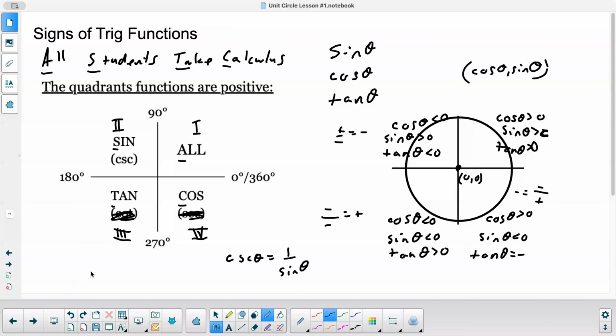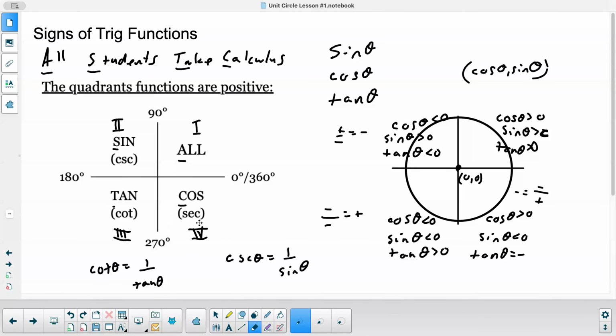And then if you remember here that cotangent of theta is just the reciprocal of tangent theta, because I'm only flipping it and just doing the reciprocal, I'm not actually adding any negative signs. That implies wherever tangent's positive, so is the cotangent. And likewise, same thing with cosine, because the secant is the reciprocal of the cosine, okay? So there you go. You just flip them, and now you can use this to help you a little bit.